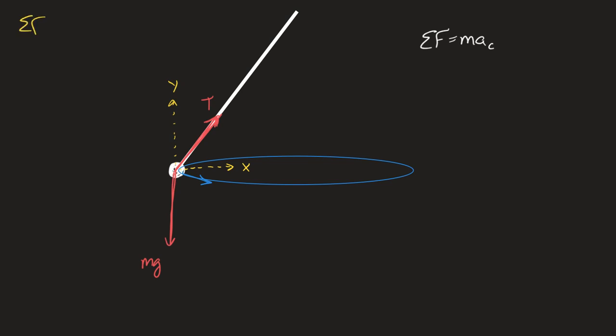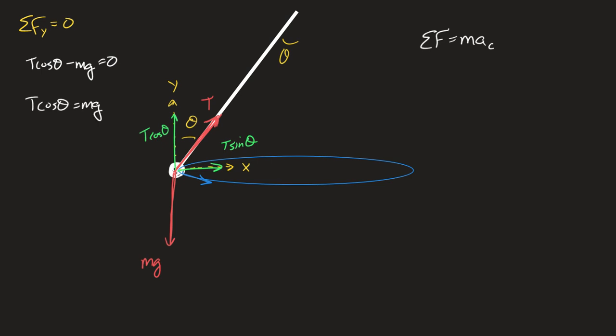I'm going to say the net force in the Y direction equals 0. There's an angle here, theta. And doing my geometry, it looks to me like this will be T cosine theta, and this will be T sine theta. So I see T cosine theta minus mg equals 0, or T cosine theta equals mg.